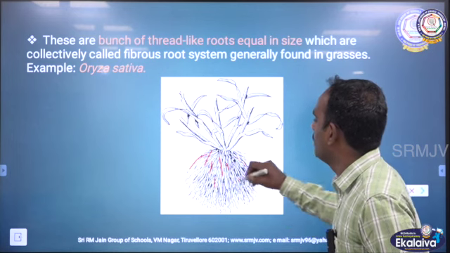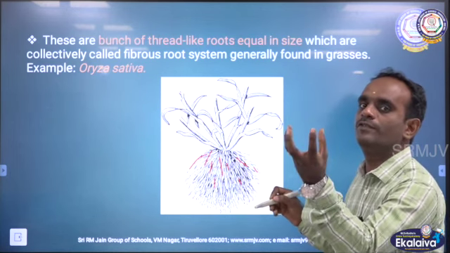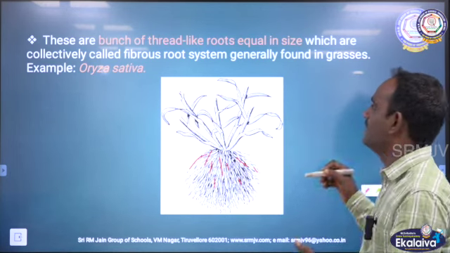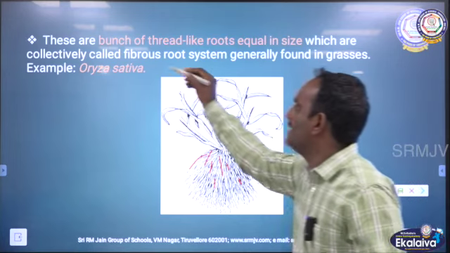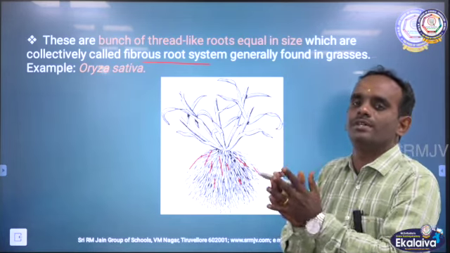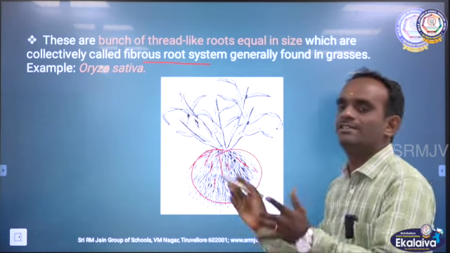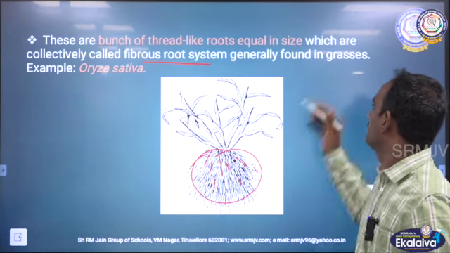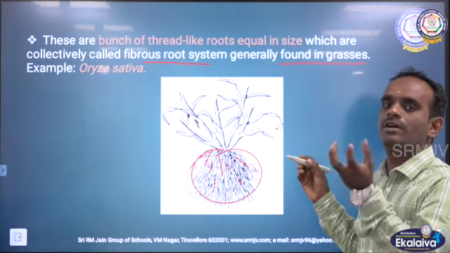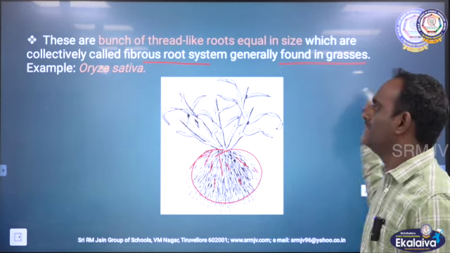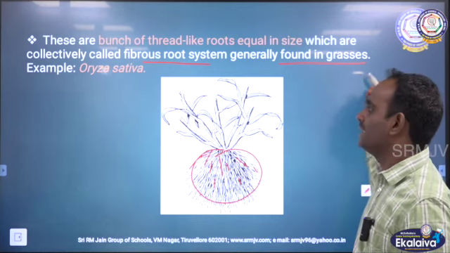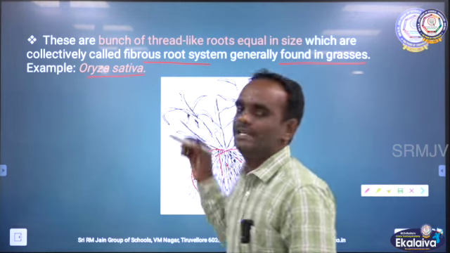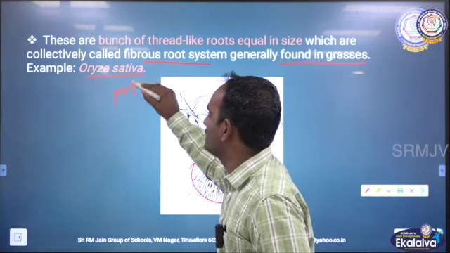All the roots are equal in size. There is a bunch of roots having equal size, which are collectively called fibrous root system. And it is found in most of the monocots. Example, grasses. Found in grass. Example here is Oryza sativa, paddy plant.